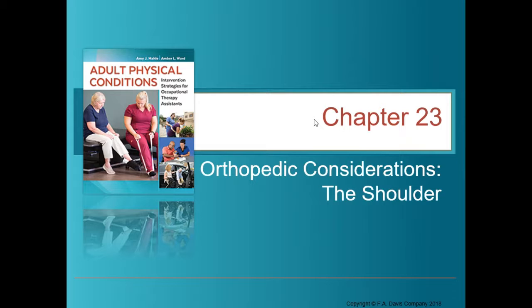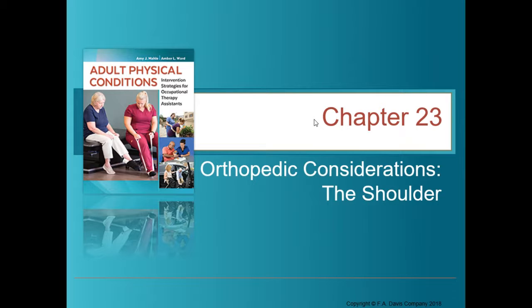So, orthopedic considerations and the shoulder. When you're reading chapter 23, it's going to introduce you to the shoulder, and you're going to see some of the complex anatomy that deals with the shoulder.